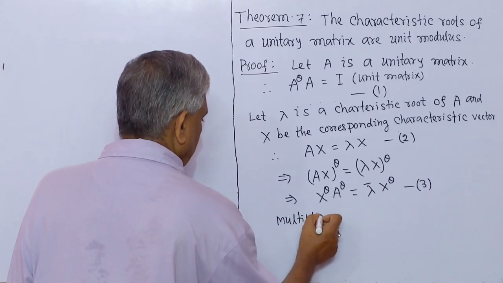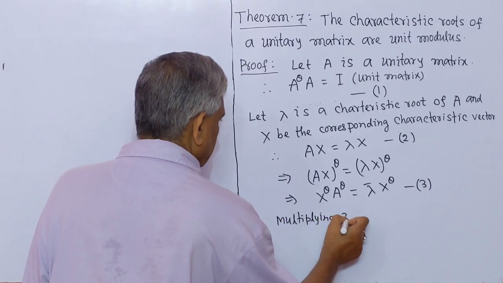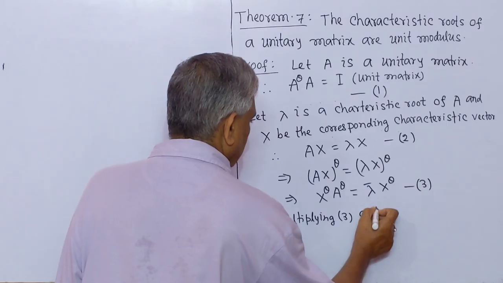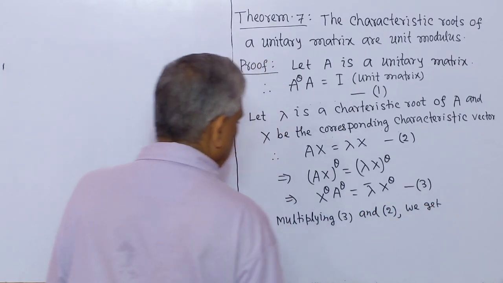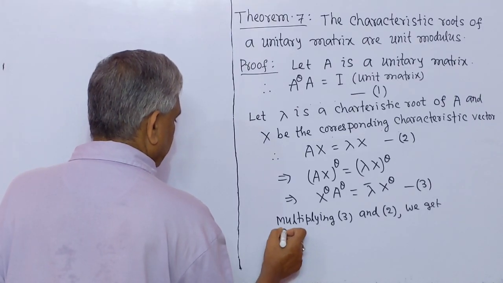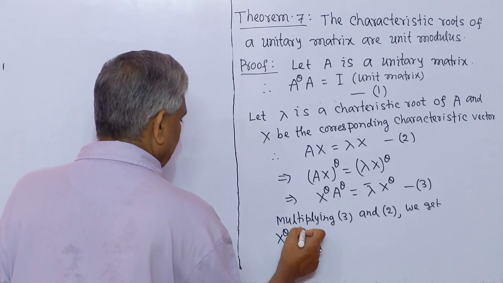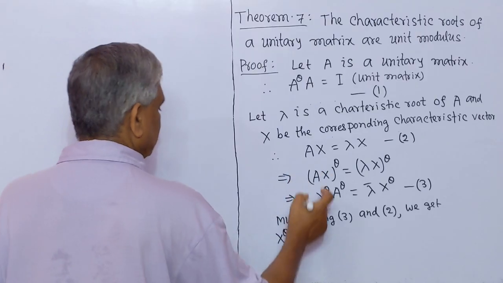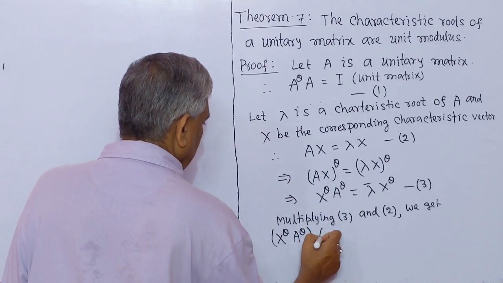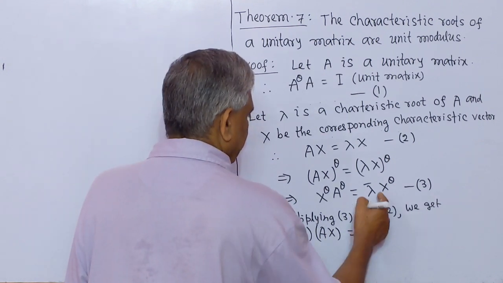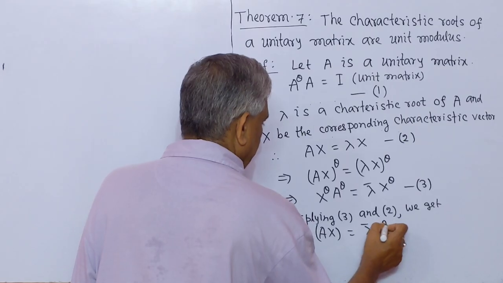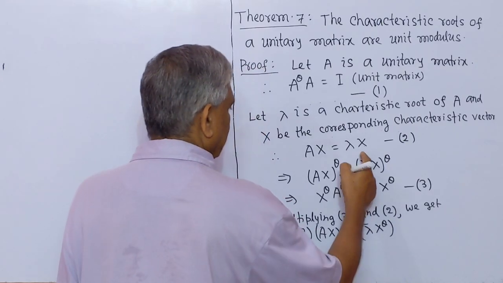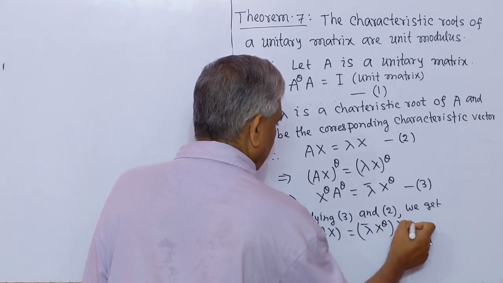Multiplying 3 and 2, we get: the left side of 3 is x^θ A^θ, and the left side of 2 is Ax; the right side is lambda bar, x^θ, times lambda x.